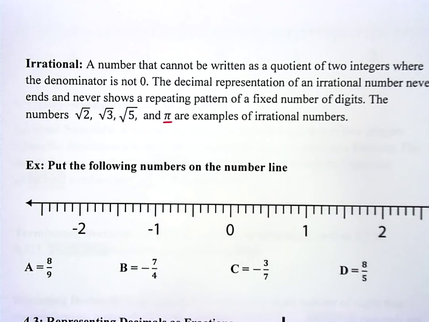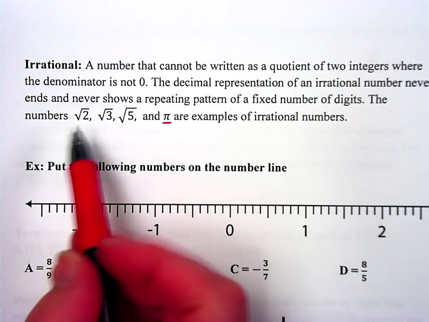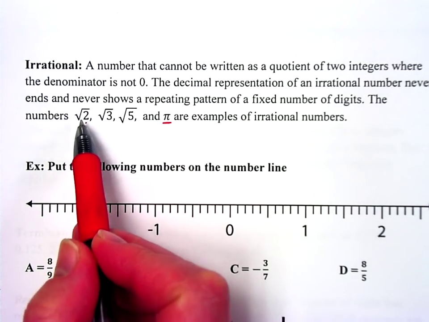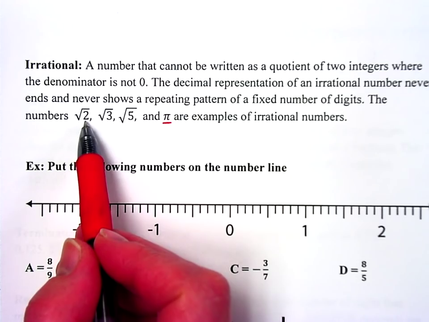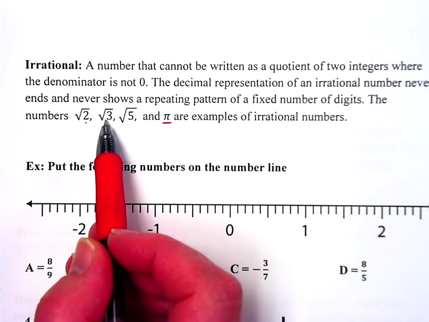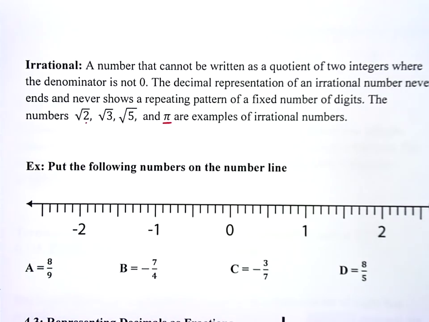Other examples are square roots of numbers that are not perfect squares. You see the square root of 2. 2 is not a perfect square, so the square root of 2 has to be an irrational number. Square root of 3 as well. Now square root of 4. 4 is a perfect square.